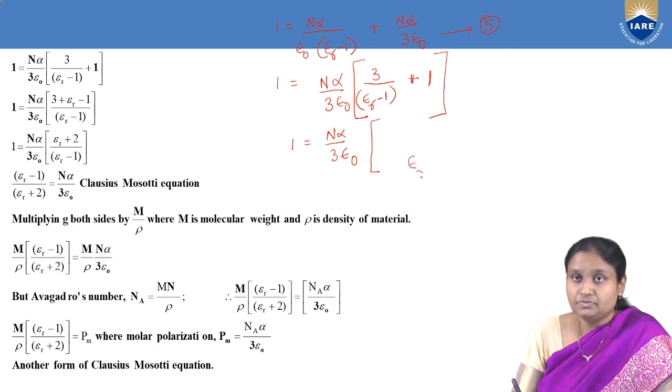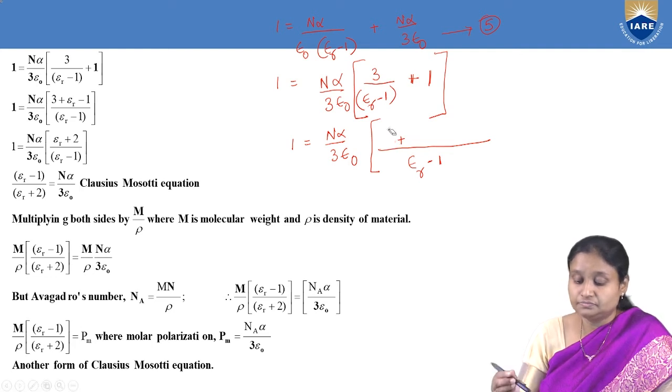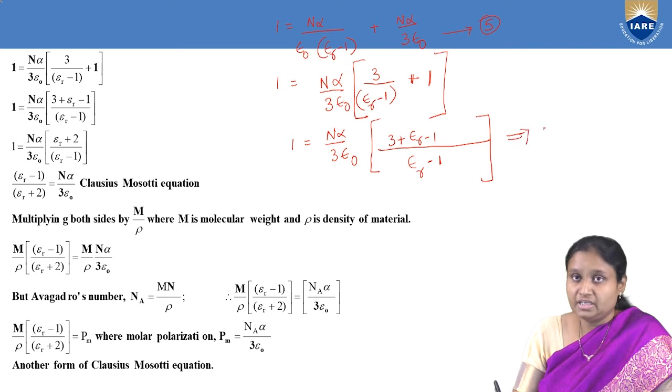So in the denominator we have epsilon r minus 1 divided by, so this will be 3 plus, here we have 3. So 3 plus, and here epsilon r minus 1, right? And if we simplify it, 1 is equal to n alpha by 3 epsilon naught into, now here I have 3 minus 1, so it will become epsilon r plus 2 by epsilon r minus 1.